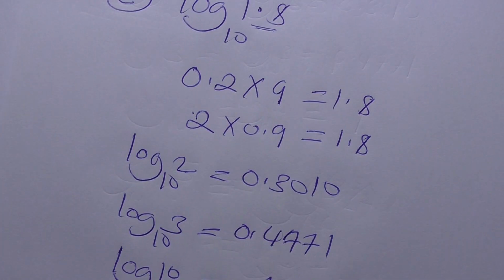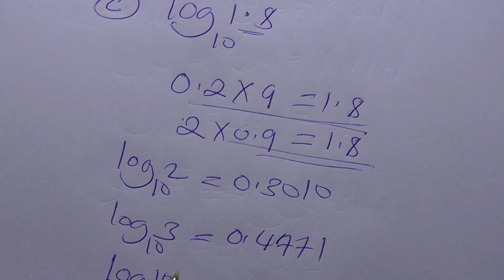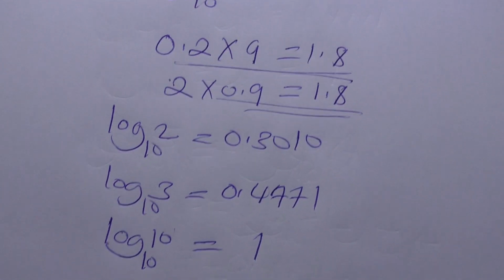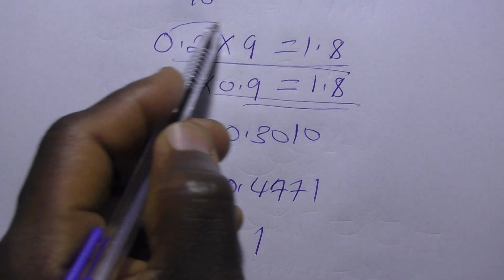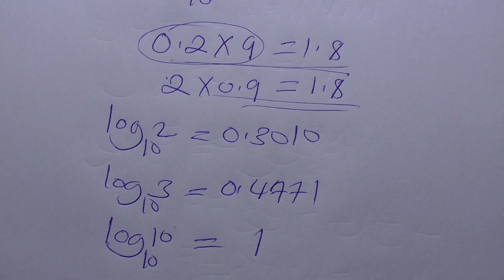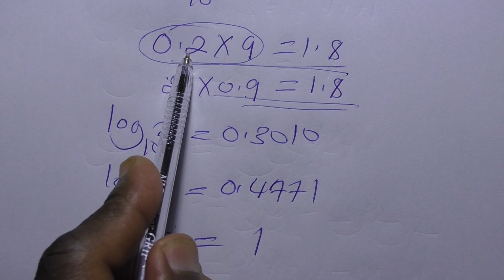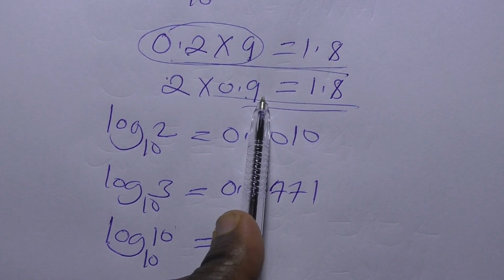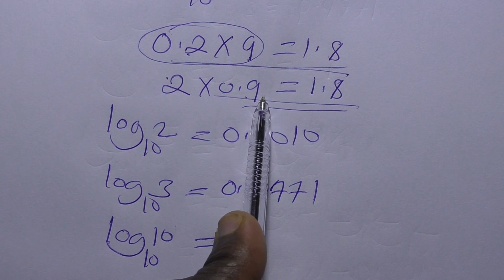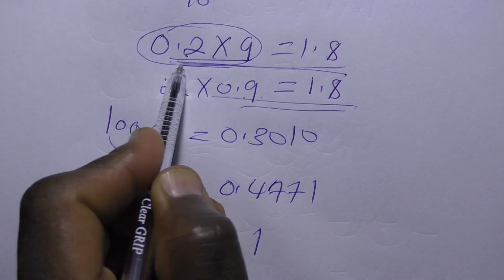So this is how we are getting 1.8, and this is what we are given and we are supposed to use. I would prefer using the first because it is easier to use than this one. Remember, we are given the log of 2, but we don't have the log of 9. So when you use 0.9, it will be tricky for us. However, it can be got, but it will be tricky for us. So I'll emphasize that we use the first.